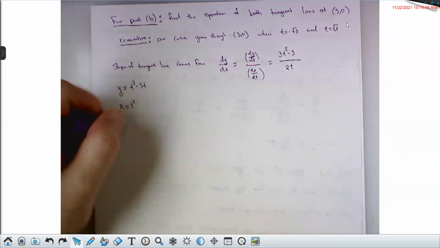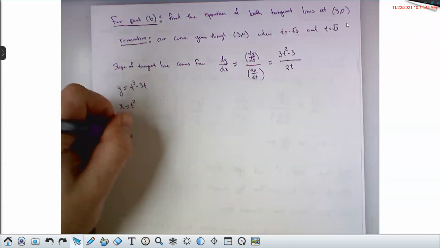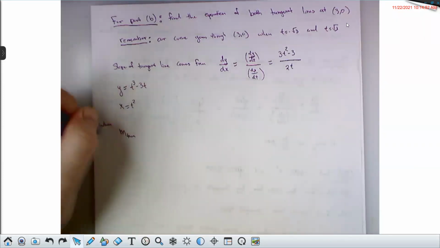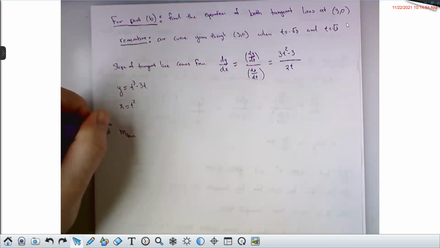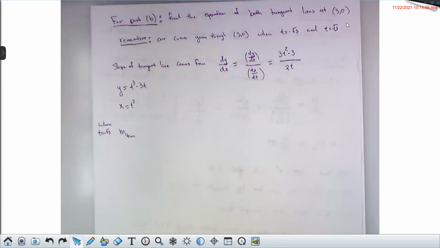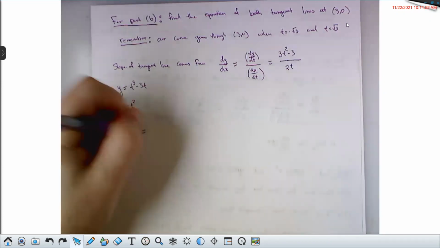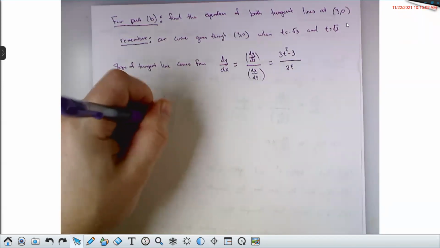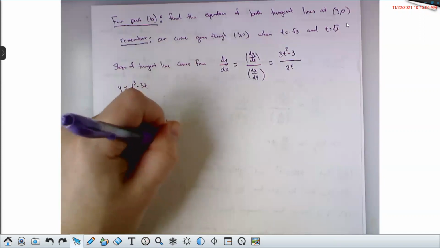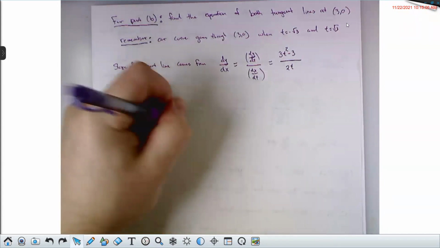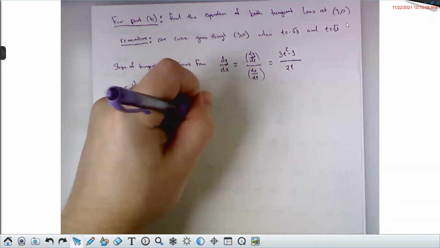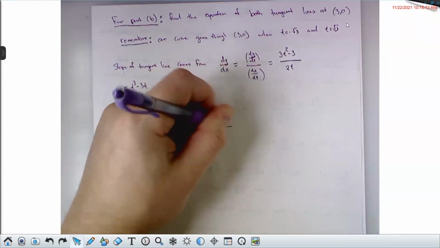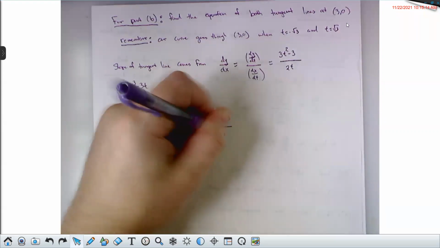So the slope of the tangent line when t is equal to the negative square root of 3 is my derivative evaluated at t equals negative square root of 3, which is 3 times negative root 3 squared minus 3 divided by 2 times 3.